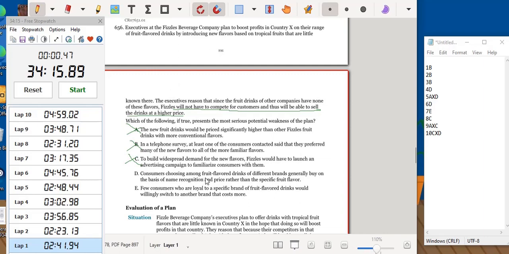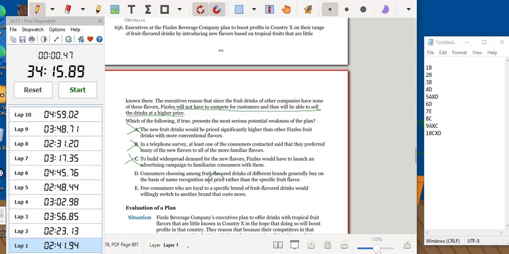Consumers choosing among fruit flavored drinks of different brands generally buy on the basis of name recognition and price rather than the specific fruit flavor. So it's clear as day, right? I made the mistake because I overlooked this sentence and thought it was additional information. So D is the correct answer.